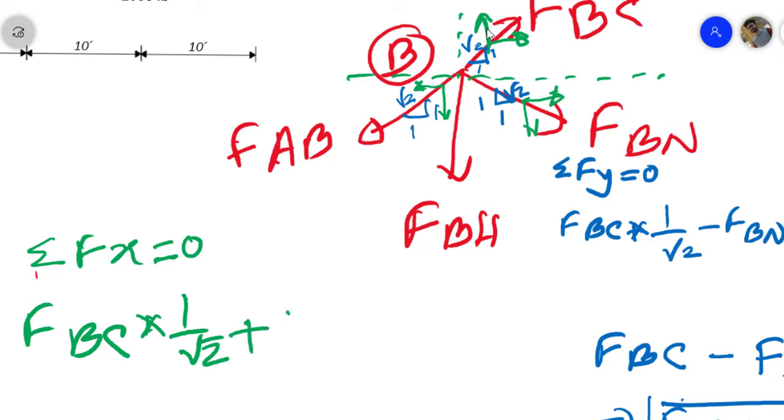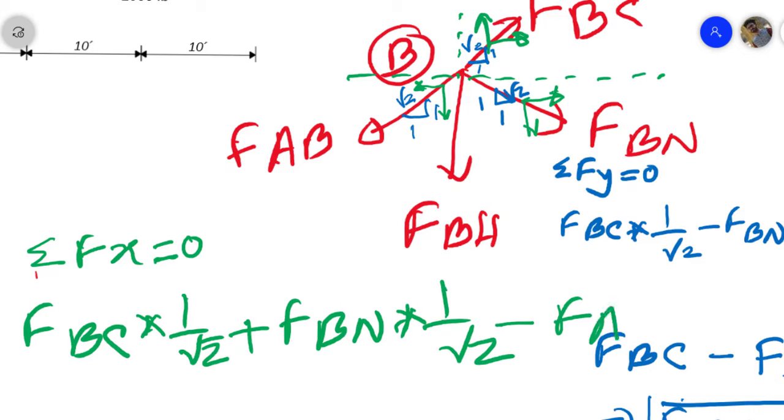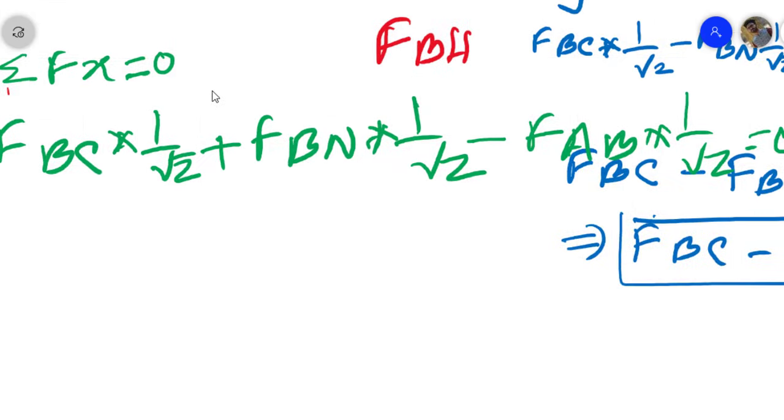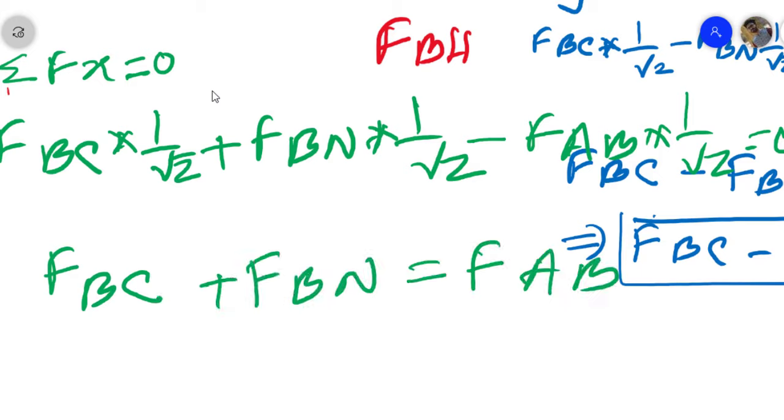So positive FBN into 1 by root 2. And what about FAB? The component is along negative x-axis. That is why this is minus FAB into 1 by root 2 is equal to 0. So again we can eliminate 1 by root 2 from every side. Then we will get FBC plus FBN equals FAB.